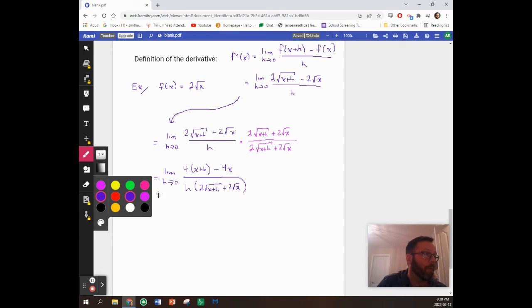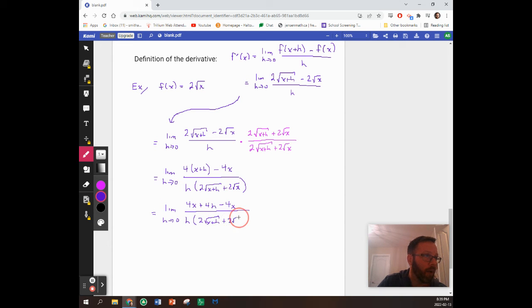And now we do some cleaning up. When finding a derivative from first principles, you will always be able to divide out the h on the bottom. On the top, you get 4x plus 4h minus 4x, all over h times 2 root x plus h plus 2 root x.